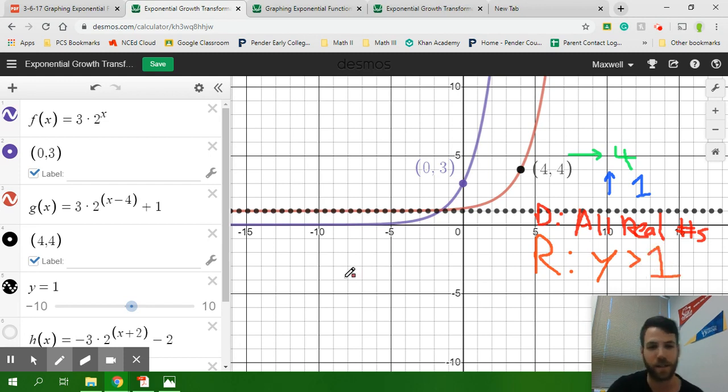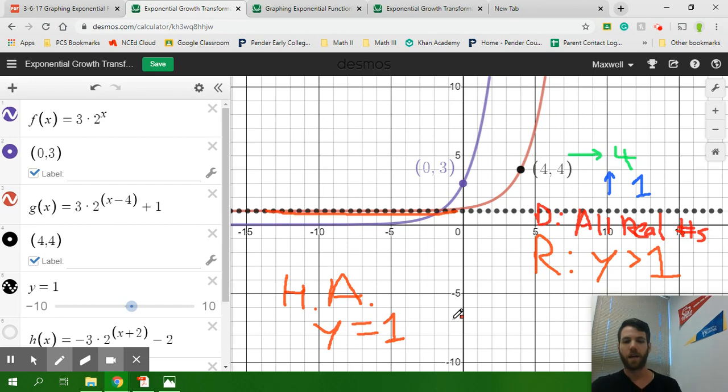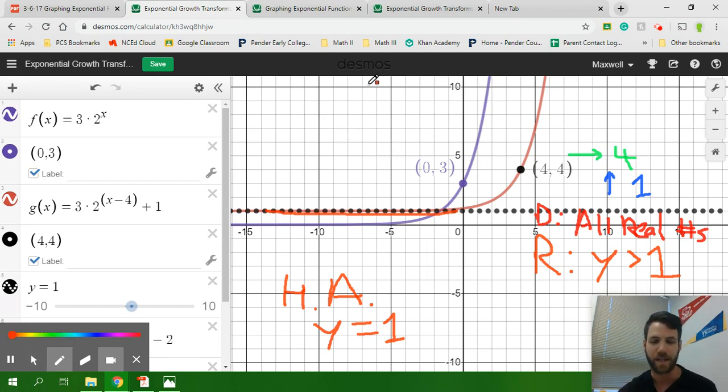Because our range is y is bigger than 1, that means that we have a horizontal asymptote along that black dotted line. And so we would say our horizontal asymptote is y equals 1. And it basically will finish there for that example.